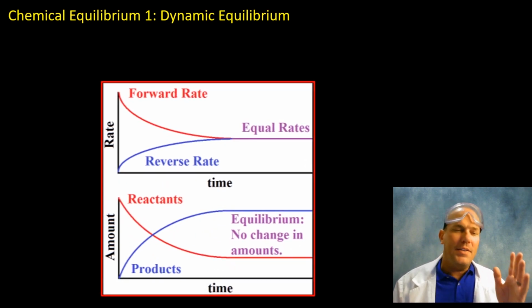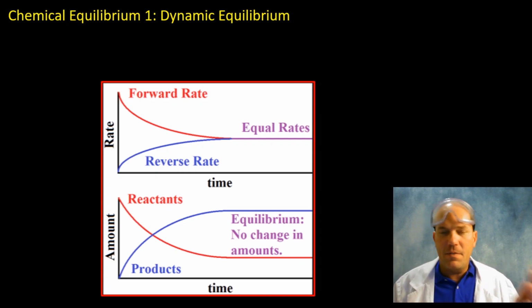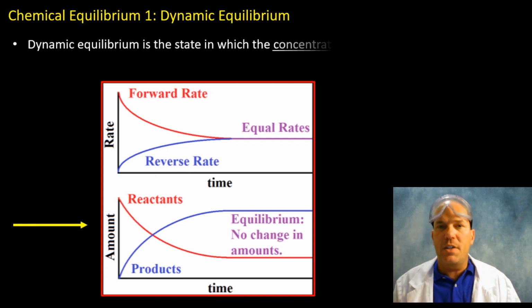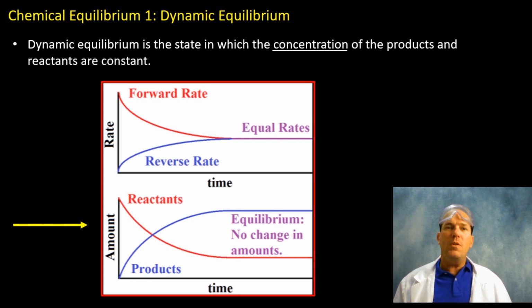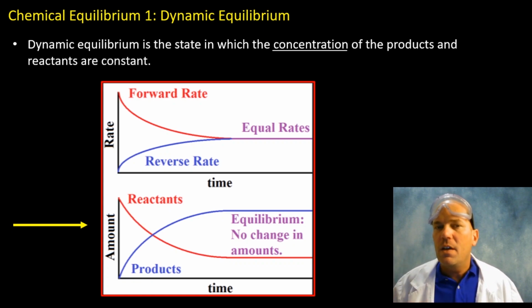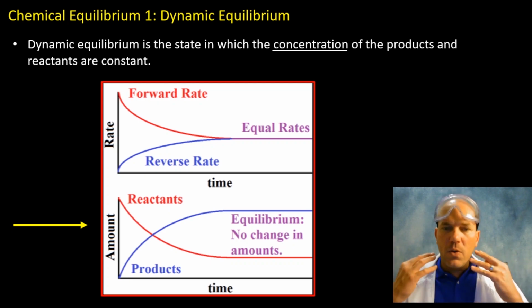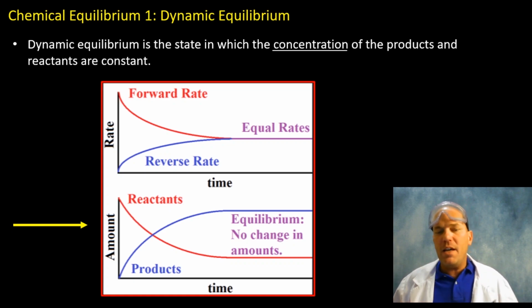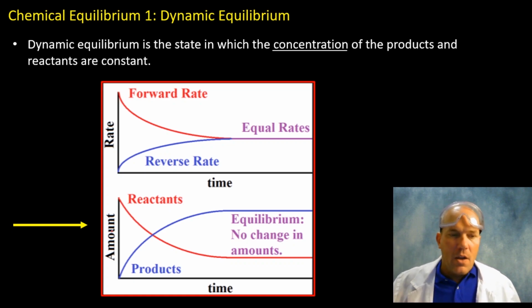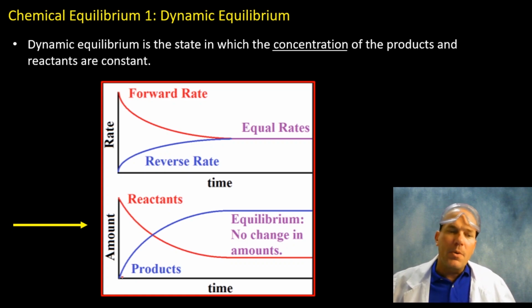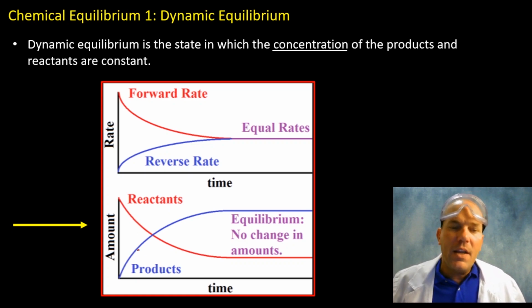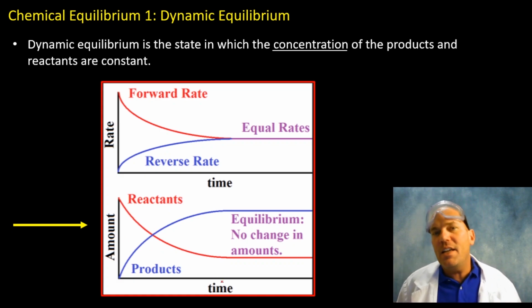Now we can look at the amounts as a function of time. This is the concentrations. And once dynamic equilibrium has been achieved, the concentrations of the products and reactants is constant. So graphically, if we look at concentration over time, amount over time, we see here as the reactants are being consumed, products are being produced, the products increase in concentration, the reactants decrease in concentration.